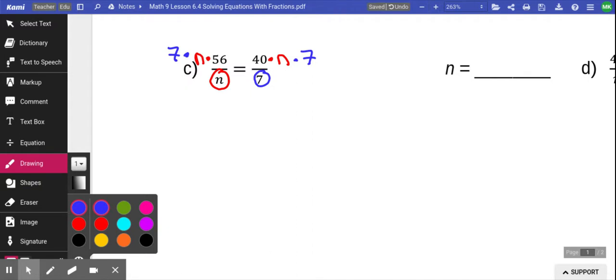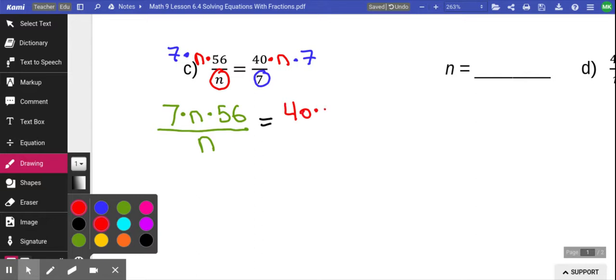Now here's what ends up happening. On the left fraction, I have 7 times n times 56 divided by n. On the right-hand side, I have 40 times n times 7 divided by 7. If we look at each of these fractions individually, so I'm going to look at the first fraction, the green one, I notice that I have an n on the top being multiplied and an n on the bottom being multiplied.